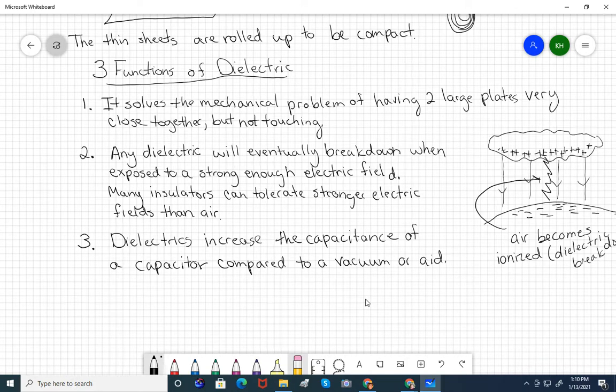The dielectric qualities of air are very similar to vacuum, not quite as good, but very similar. But if we can put in an insulating material, the capacitor can store more charge at a lower voltage.